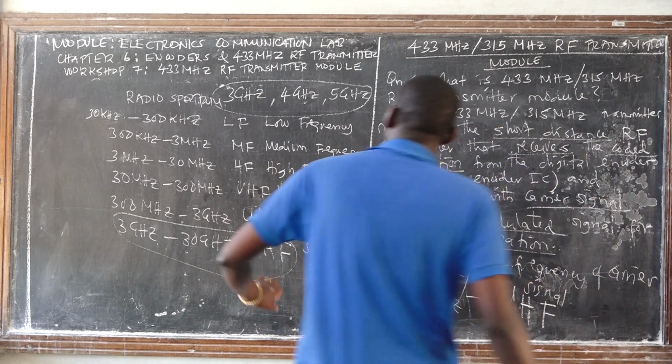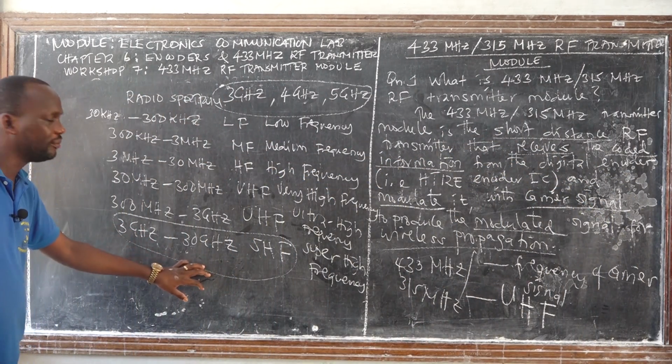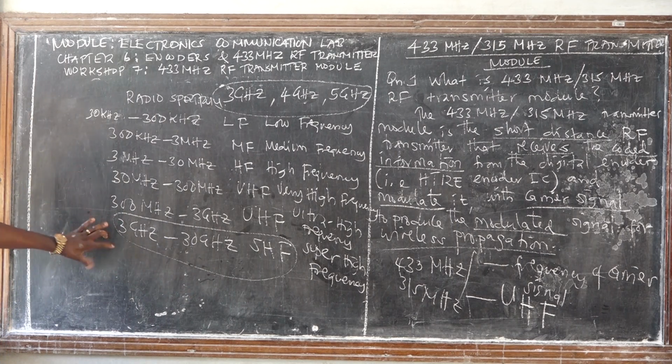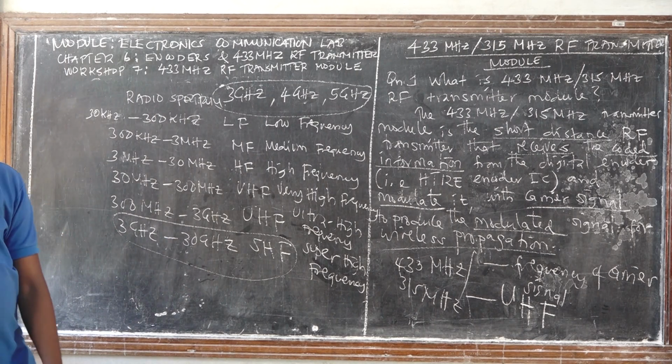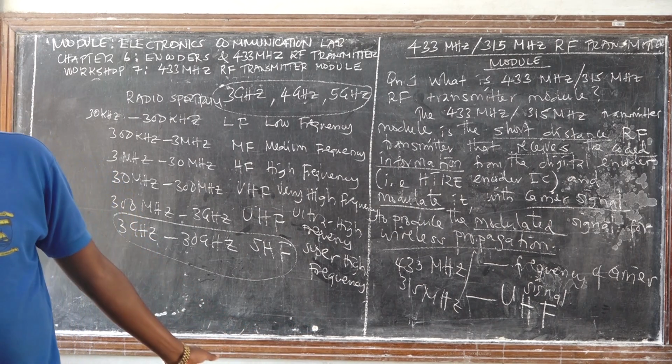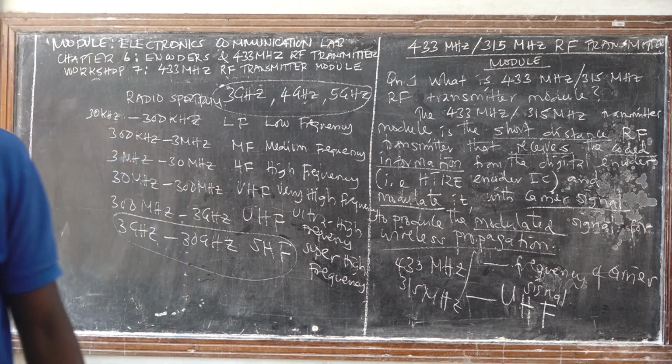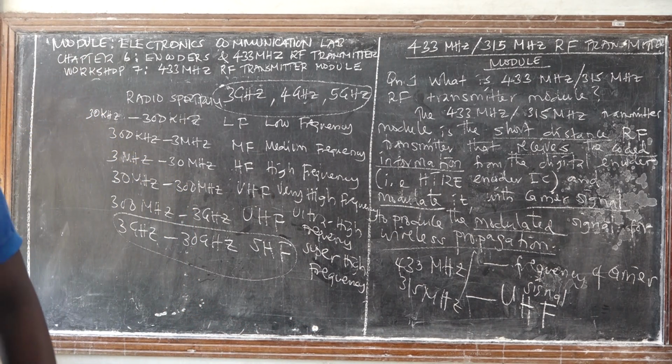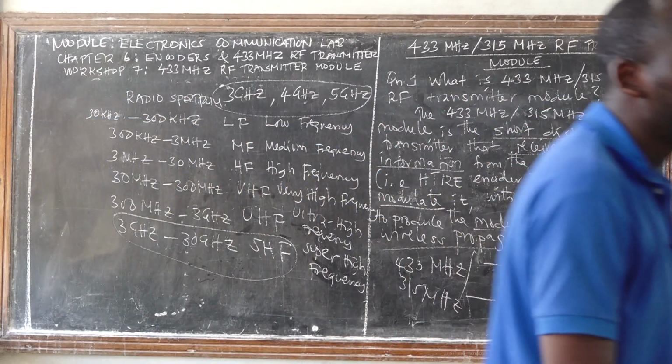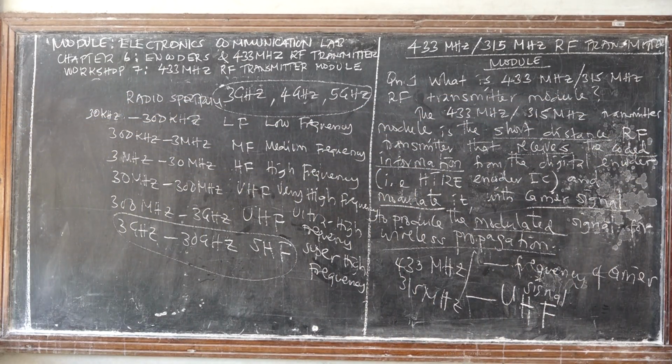So this we use often in radar communication. I ask you, where is your 4G? Gertrude, what is the frequency band of your mobile phone? Tell us, because you have been checking your mobile phone. Super high frequency.